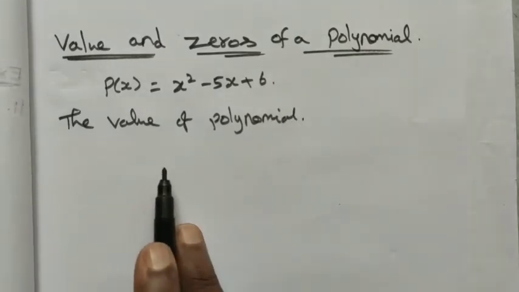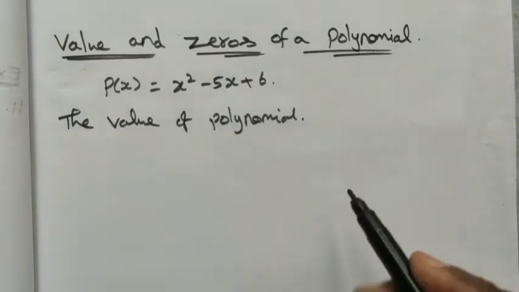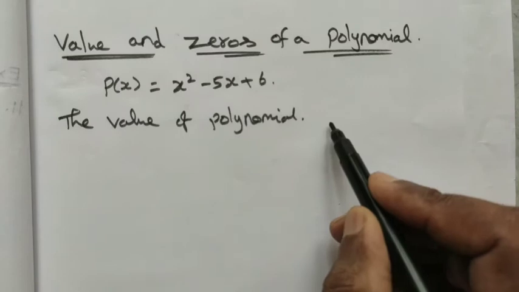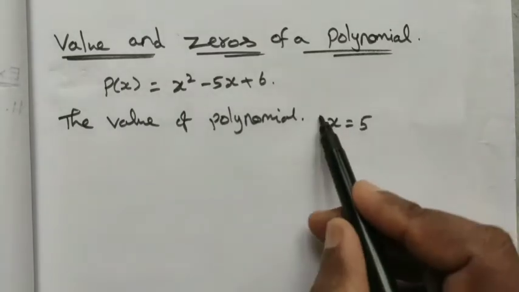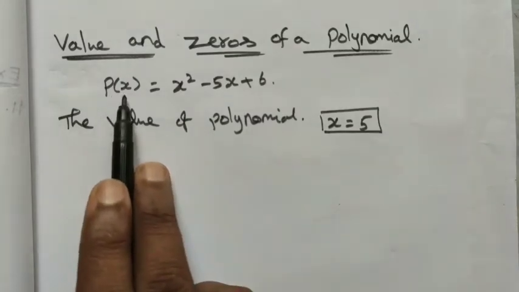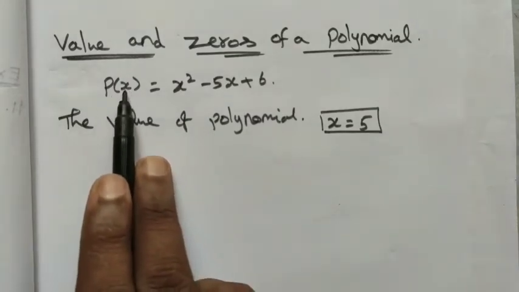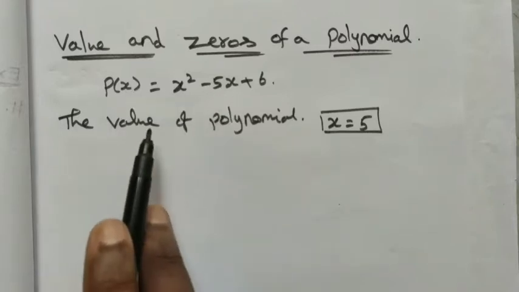How do we find the value of this polynomial? Suppose in the place of x you apply a value, x is equal to 5. Here we are substituting the value of x in this polynomial. That value is called the value of the polynomial.